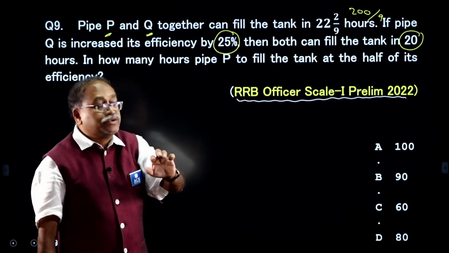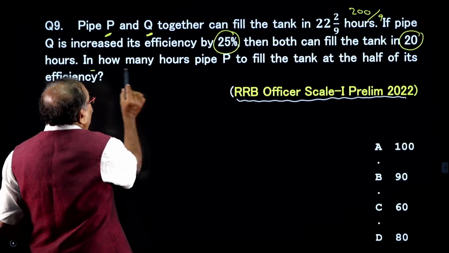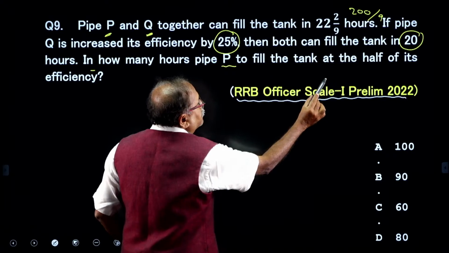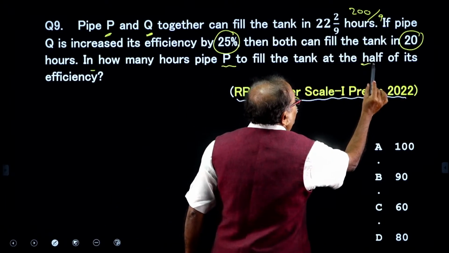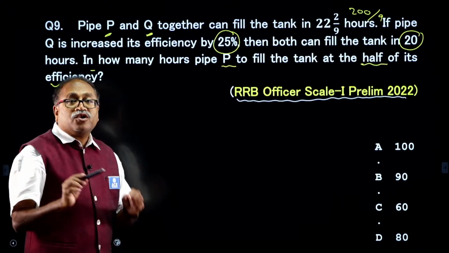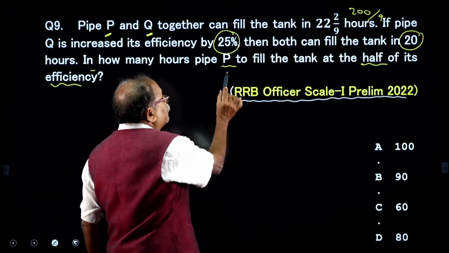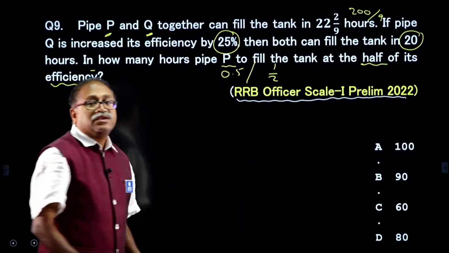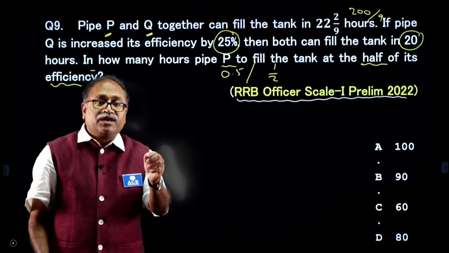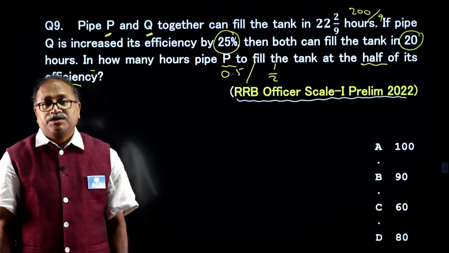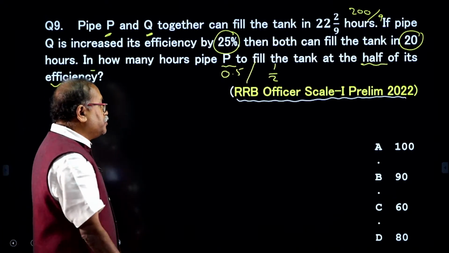Very interesting question. Now, in how many hours can P alone fill the tank at half of its efficiency? Really a good question. Now, I will give some clue to you.